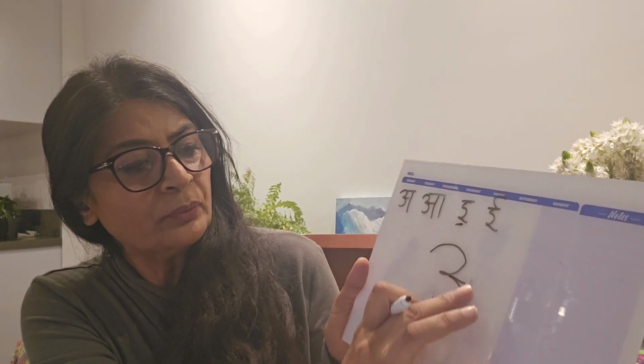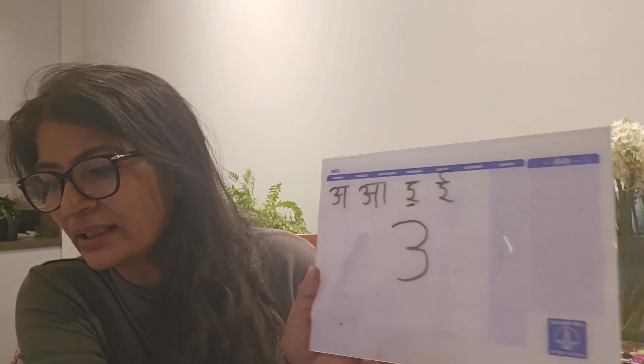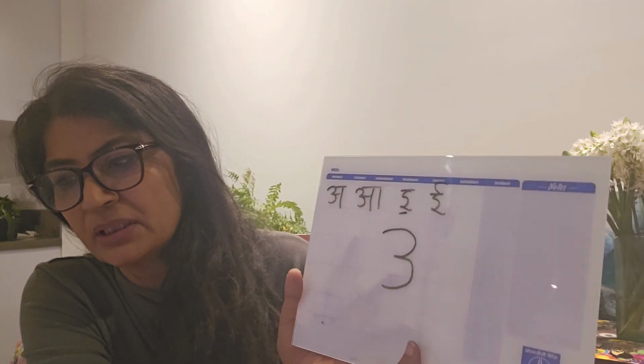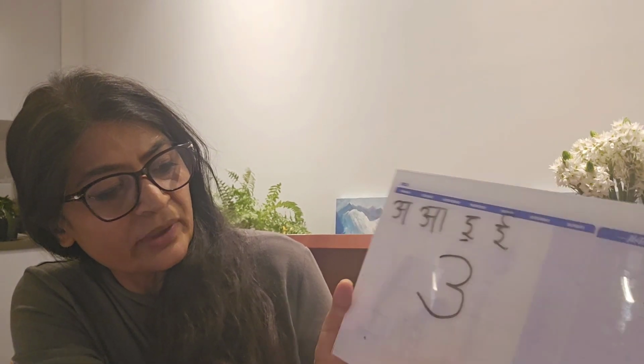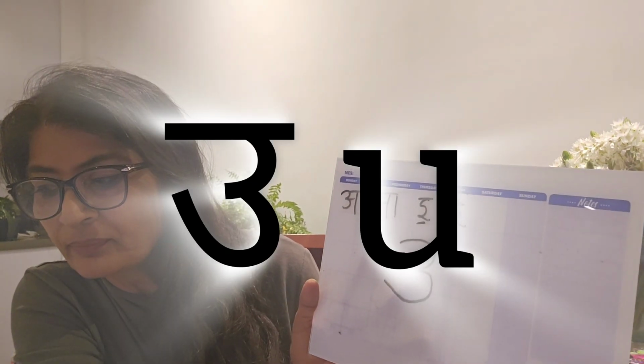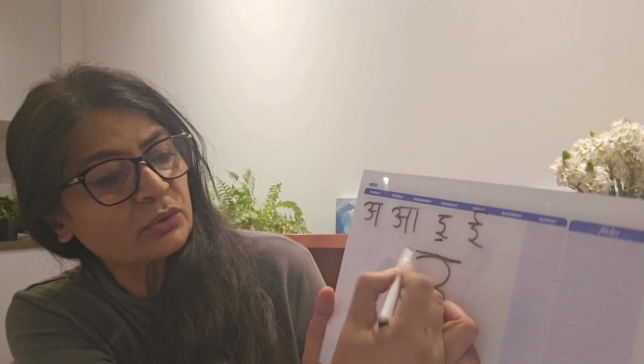For U, we don't have to do that. We just do a 3. Okay. But we just, to make a, even if you write like this, it's fine. People will understand that it's an U. However, to make it like perfect, you have to do this. And to complete the alphabet, you have to do this always.